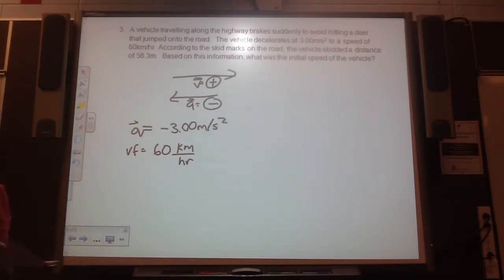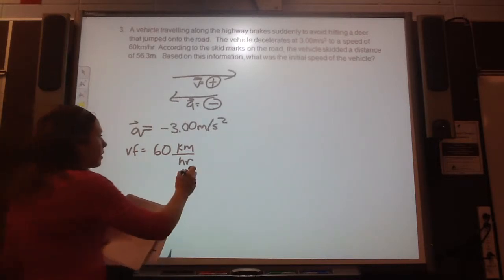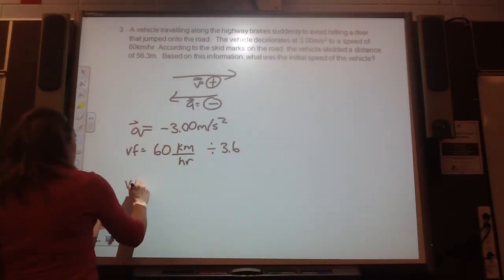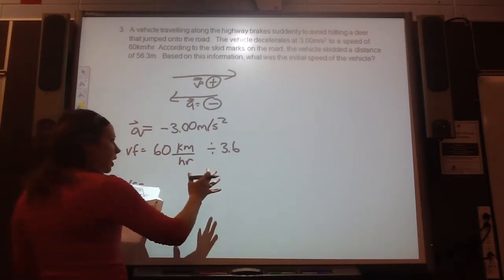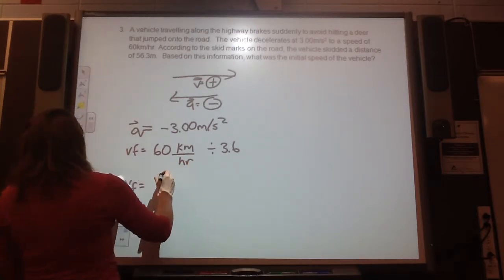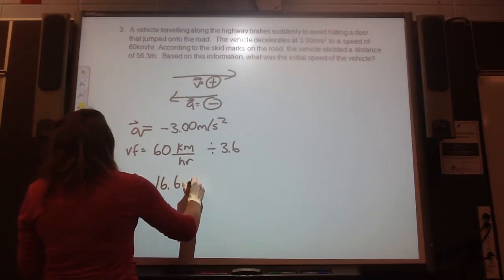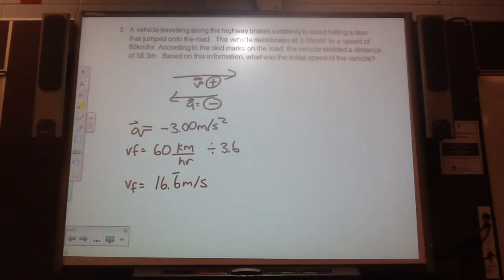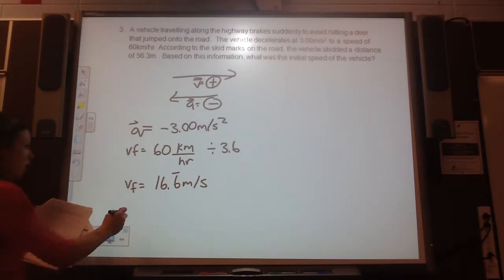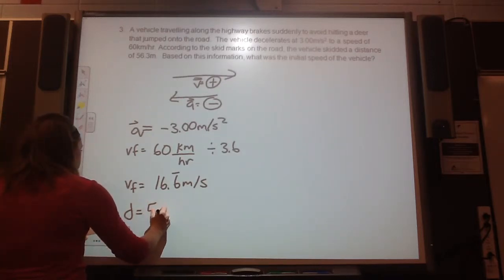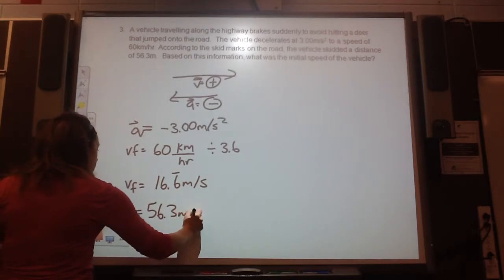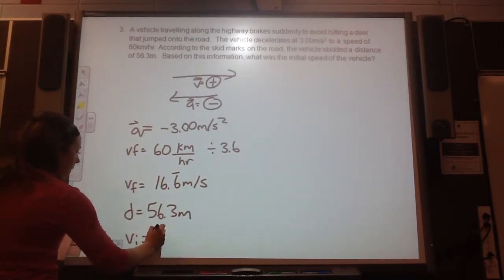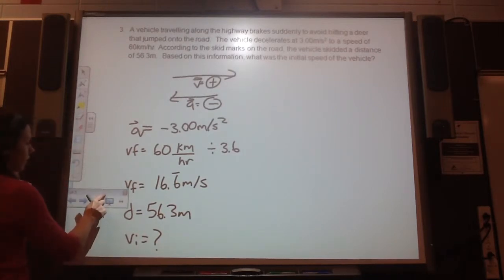What's my shortcut? Divide by 3.6. So I get 16.6, repeating, meters per second is my VF. My D is 56.3 meters. And my VI is my question mark. That's what I'm trying to find.